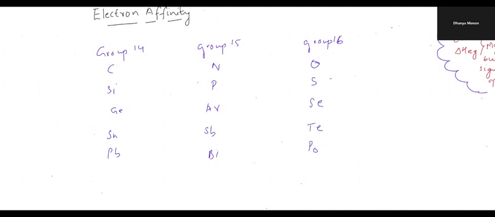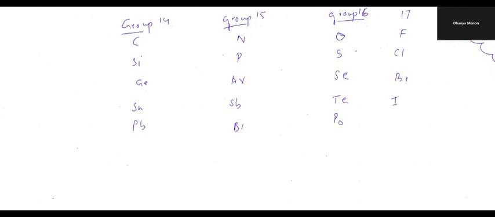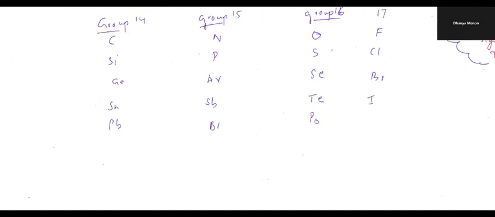I'll just write group 17 too, so that it's easy to compare. Fluorine, chlorine, bromine, iodine. Now, group 14, 15, and 16 follow the same trend as group 17. So in group 14, silicon has a higher electron affinity than carbon.